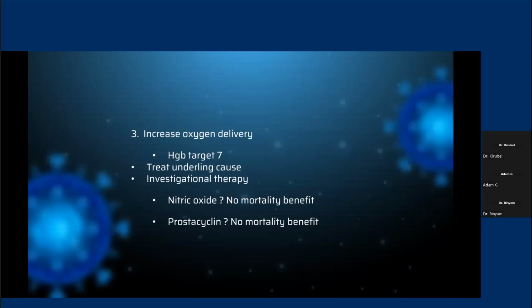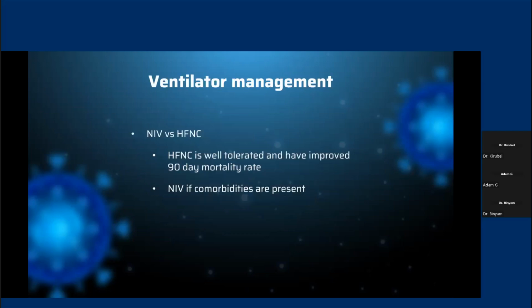And coming to the investigational therapies, giving nitric oxide and prostacyclins are associated with increased oxygen saturation or increased partial pressure of arterial oxygen, but they don't have a mortality benefit, though they will increase the oxygen saturation of the patient, okay? So they can be used, but mortality-wise, they are not that useful, okay?